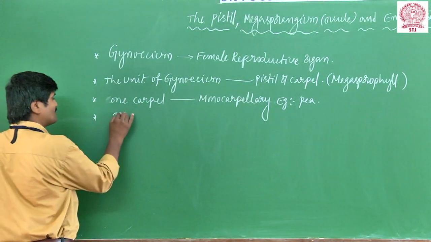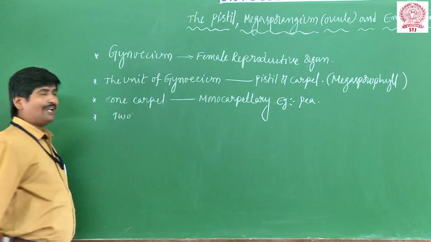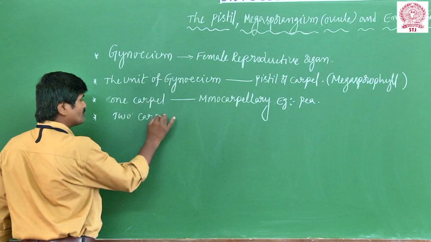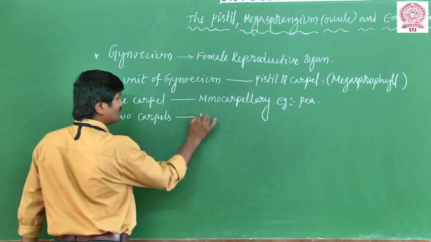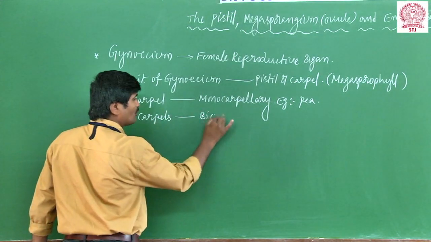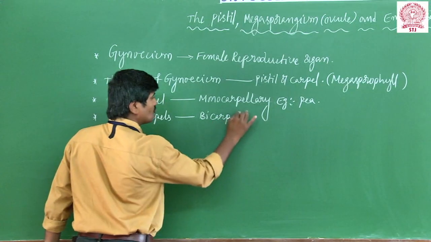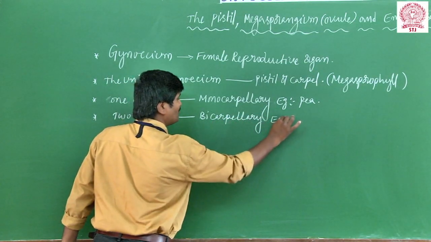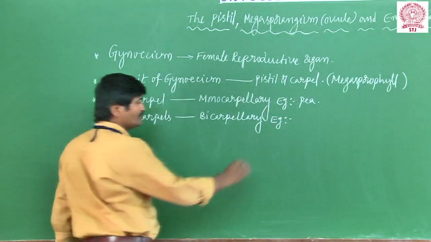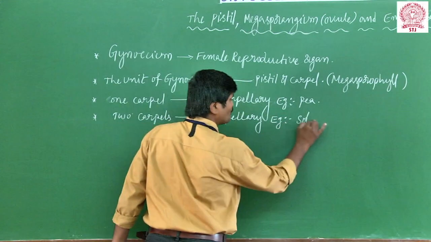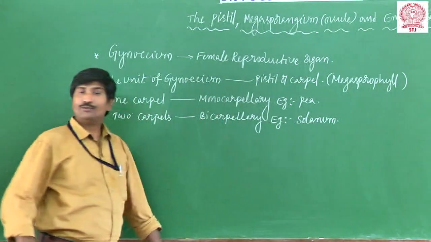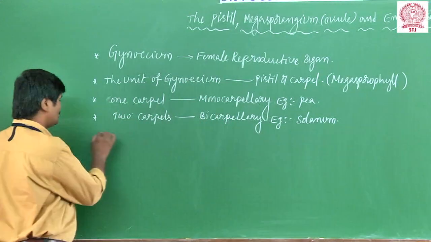It may consist of two carpels, that is bicarpellary. Example for bicarpellary, Solanum, generally the Solanaceae family.